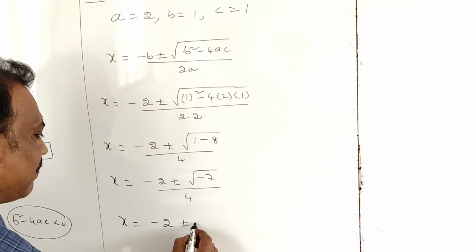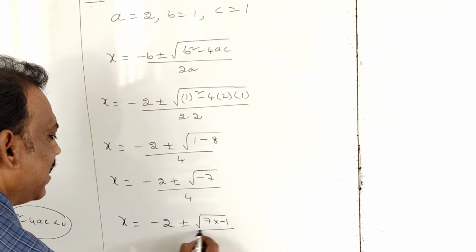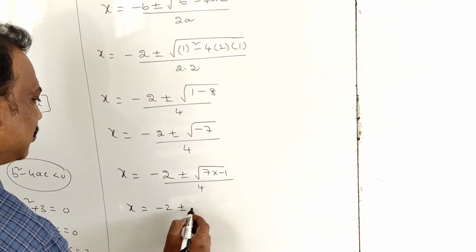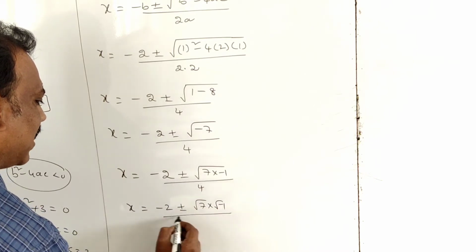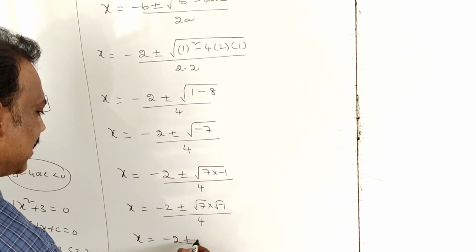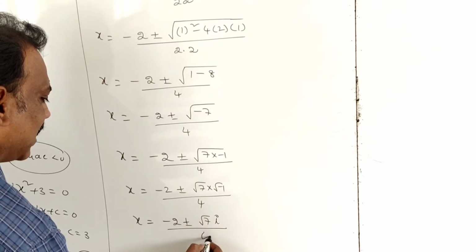Minus 1 plus or minus root of minus 7, I can write as 7 into minus 1, upon 4. So x is equal to minus 1 plus or minus root 7 into root minus 1 upon 4. x is equal to minus 1 plus or minus root 7 times root of minus 1, which is i.